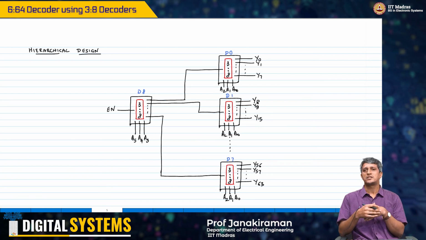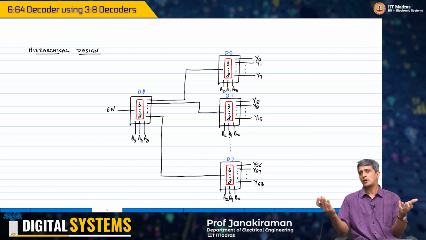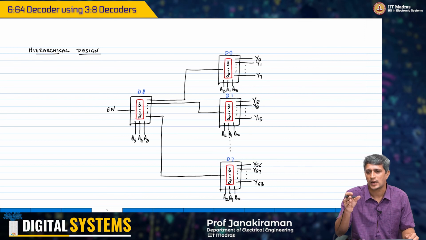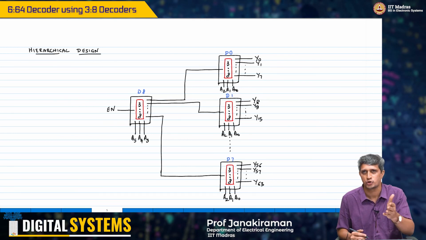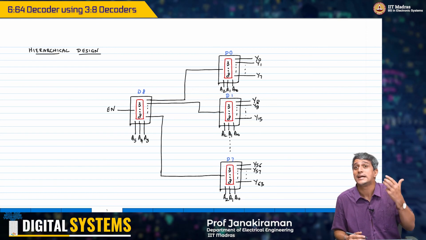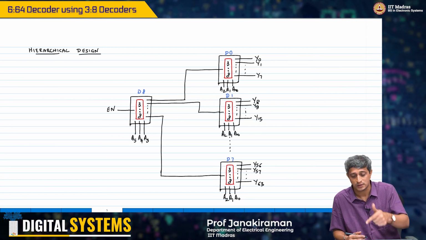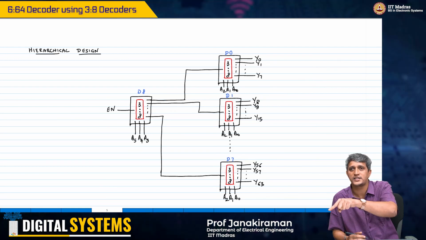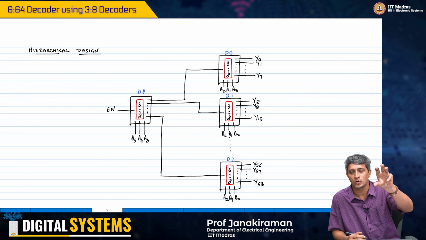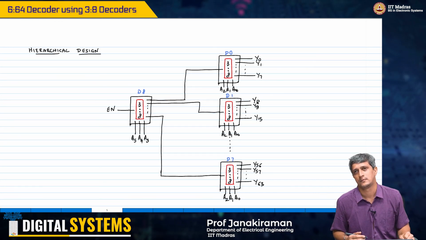Because think about it, right? How would you build a 6:64 decoder with just logic gates? Okay, imagine if I had to do this with just AND or inverter that I have in the standard cell library that I showed you in the beginning. 2 input, 3 input, 4 input, right? Then it becomes very complex, because each output Y0 to Y63 will have to be the output of a 7 input AND gate, right?